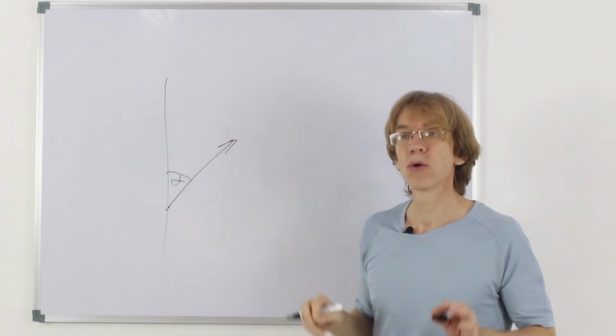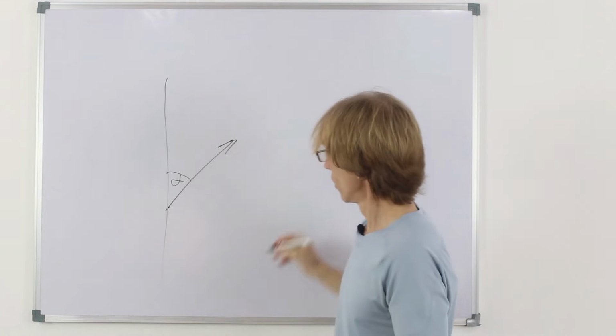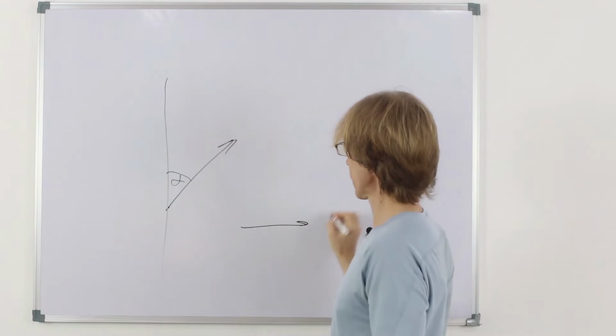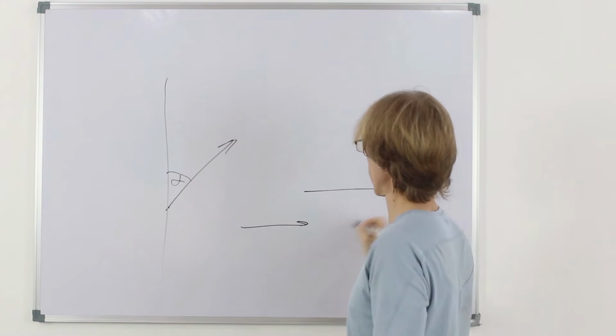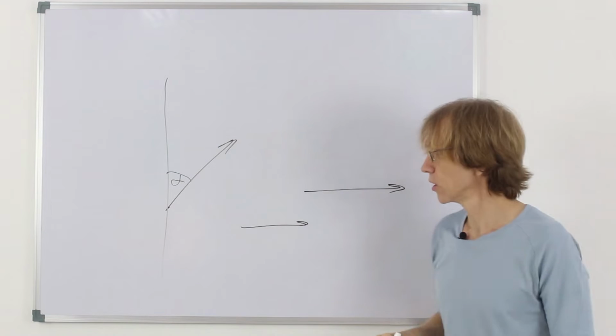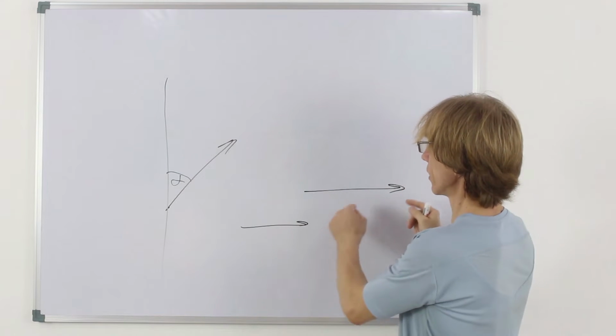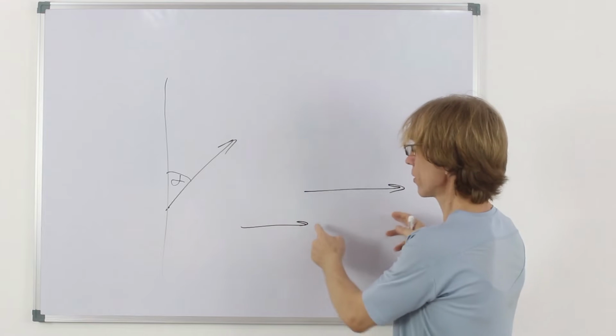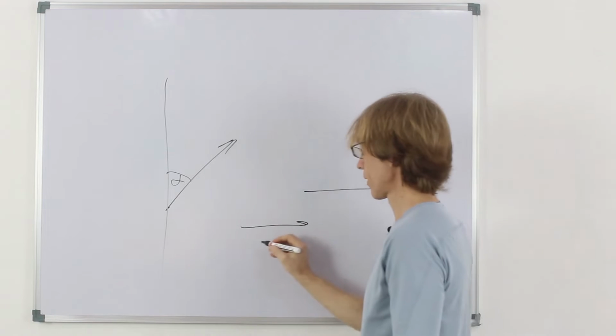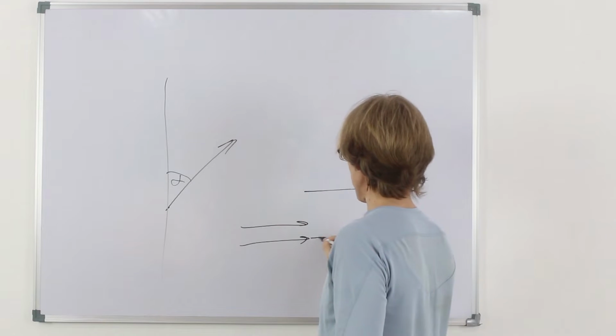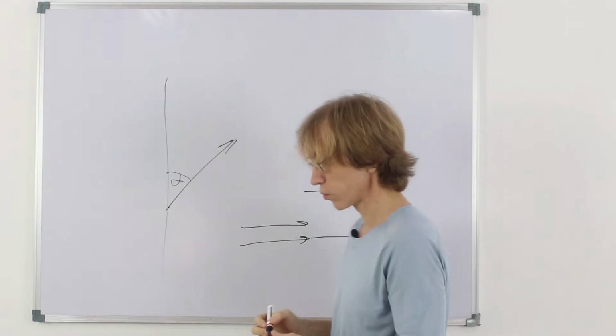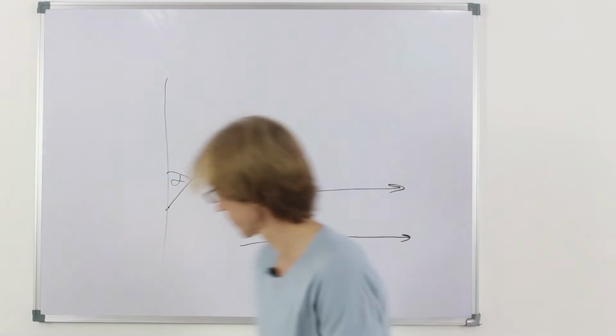Okay, now, how to add vectors? Obviously, you can add the vectors easily if they are going in the same direction. You just put the tail of one to the tip of another, and the resultant one would be the sum of the vectors.